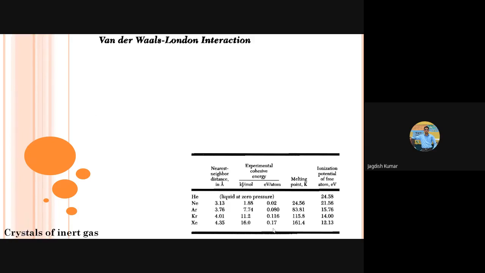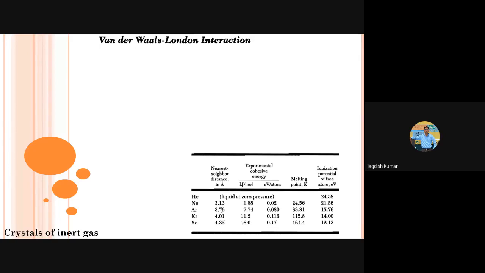This is summarizing the parameters of inert gas crystals. Helium is liquid. There is no report where helium is solidified at 0 pressure. All this data is for 0 pressure.